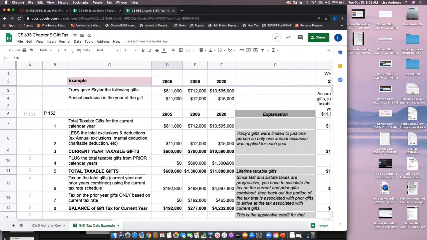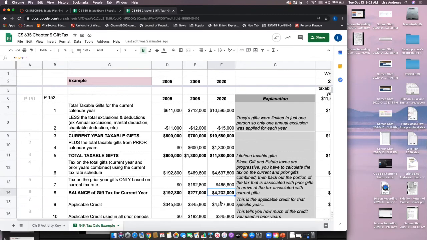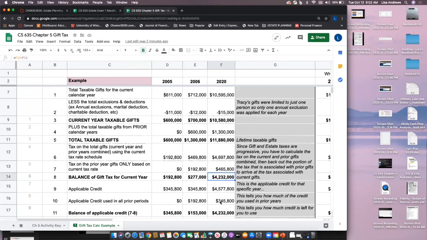And his tax on all gifts, tax on prior year gifts, brings us to the balance of the gift tax owed for the gift that he made this year. We know the applicable credit for 2020 is 4.5778 million.